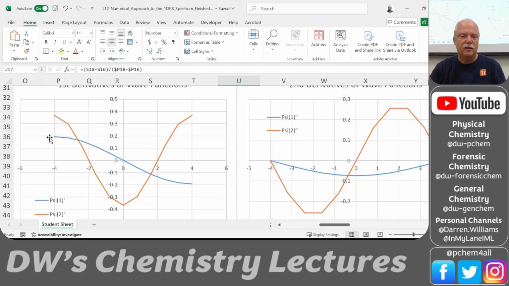It looks like a cosine right here. And then when we take the slope of that one, we get minus sine. So exactly what we would do analytically, that the derivative of sine is cosine and the derivative of cosine is minus sine. And so that's what we have.